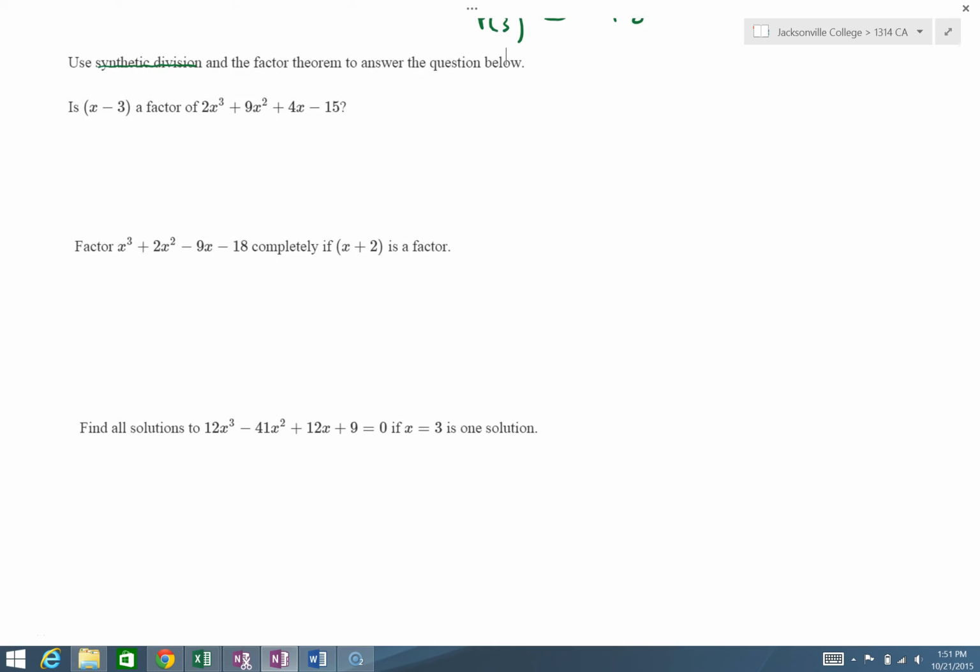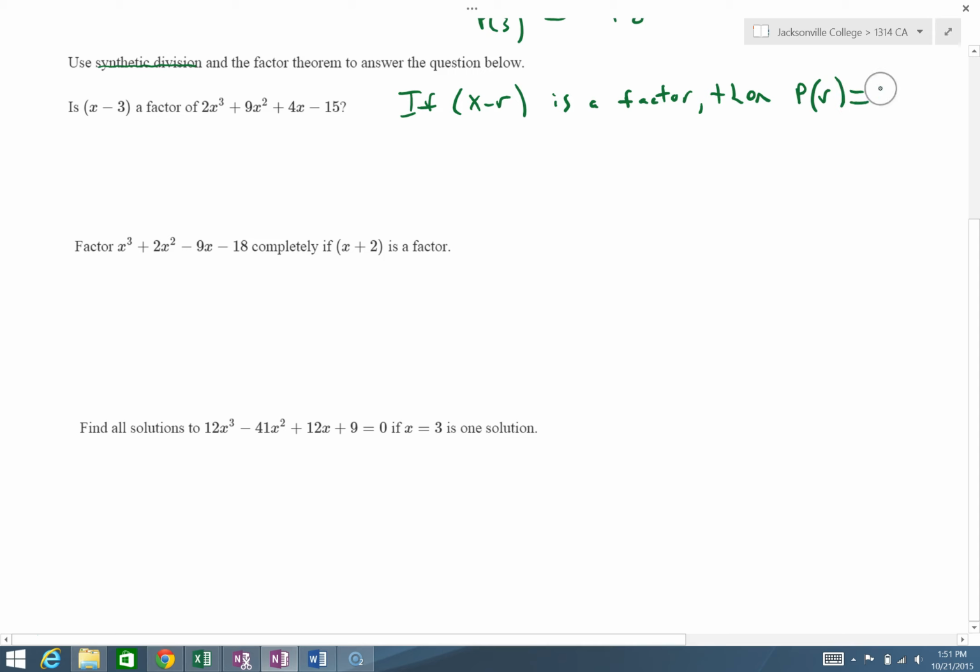It says use the factor theorem to answer the question below. Is x minus 3 a factor of 2x cubed plus 9x squared plus 4x minus 5? Well, remember what the factor theorem says. If something like x minus r is a factor, then that function value, P of that value r, will go to 0.